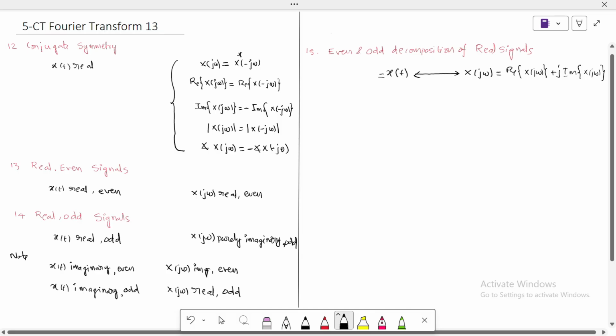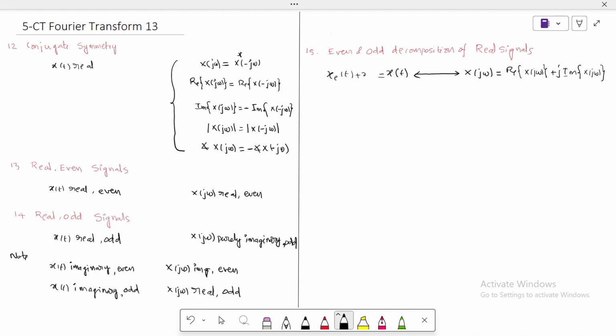But in the case of the time domain, this is the sum of the even part plus the odd part. So we can say that the even part of x of t is equal to the real part of X of j omega.